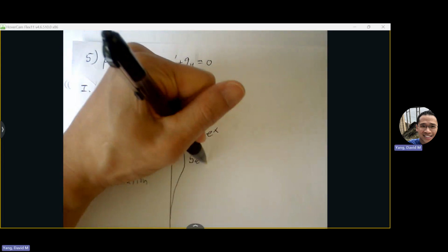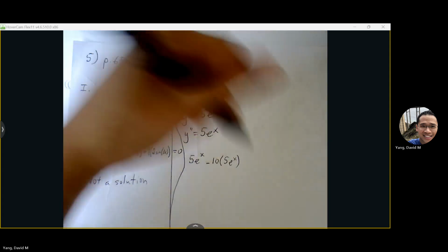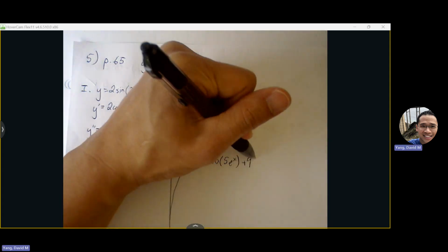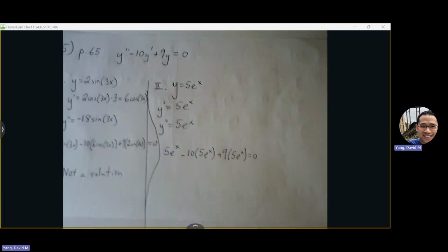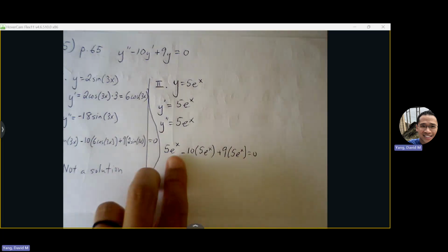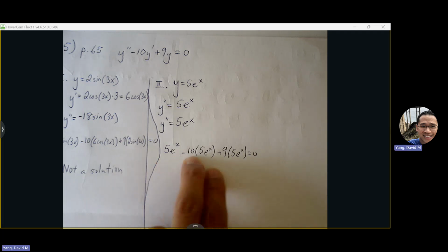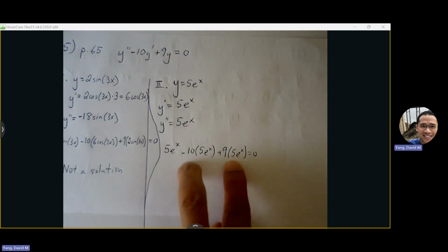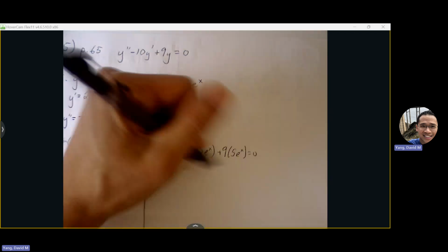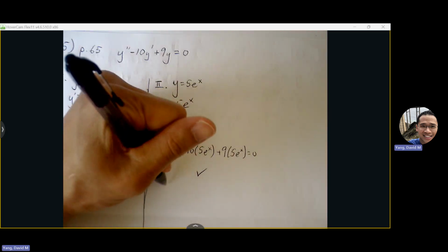Minus 10 plus 9 times e. Let's see if that's equaling out to be 0. So 5 minus 50 is negative 45 e to the x, negative 45 e to the x plus 45 e to the x. Yes, that's true, right? All this cancels out to be 0. This is a solution. We'll keep 2 as a solution.